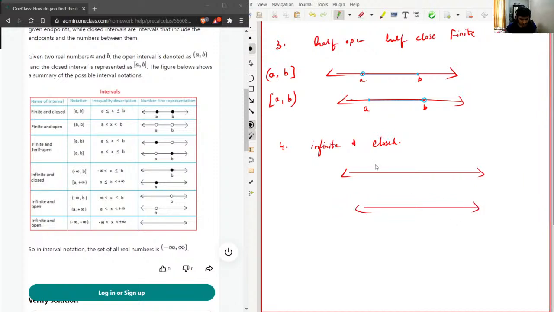And let's say here we have B, and here we have A, minus infinity, positive, negative. So for this one, infinite and closed, basically, we never write a square bracket with infinity because infinity is not a defined number.